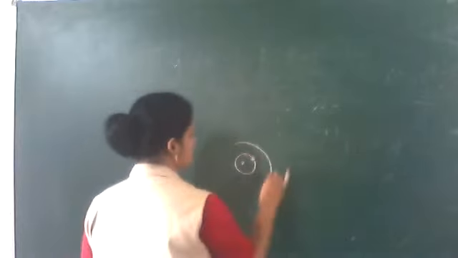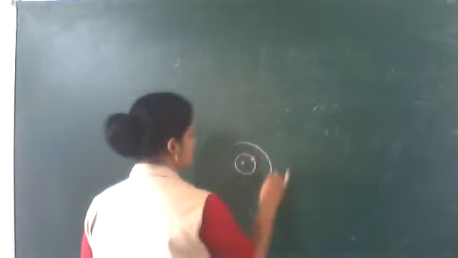What is its energy? Minus 2.18 into 10 to the power minus 18, Z square upon n square, that is 1 square upon 1 square, equal to minus 2.18 into 10 to the power minus 18. So 0 minus this, that is plus 2.18 into 10 to the power minus 18. All right, understood?